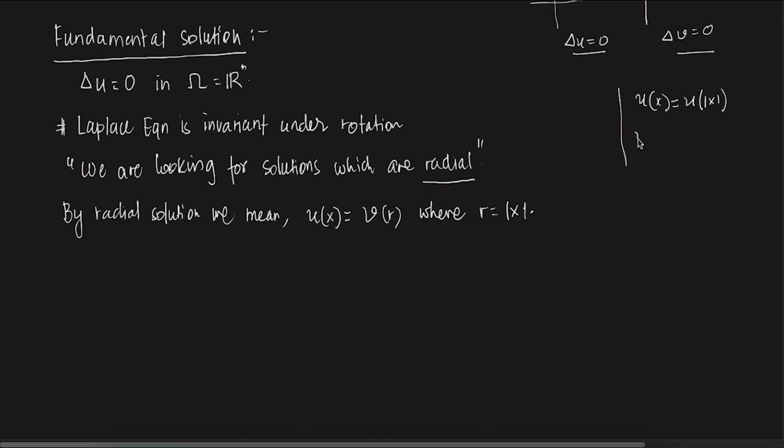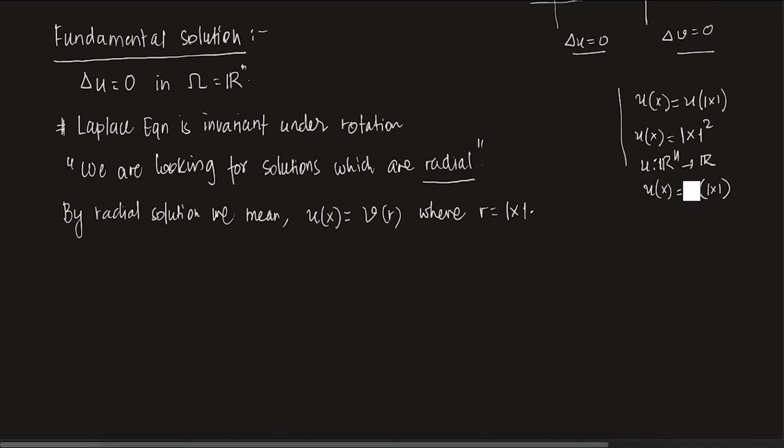For example, let's say u of x equals mod x squared. That's a simple problem. This u is from Rn to R. Do you think this is a radial function? Of course it is, because u of x and a function of mod x are essentially the same.